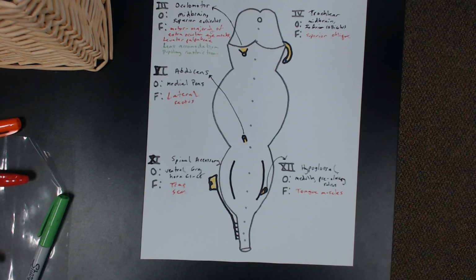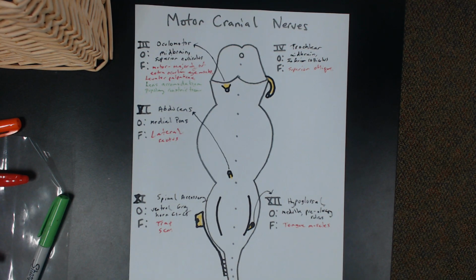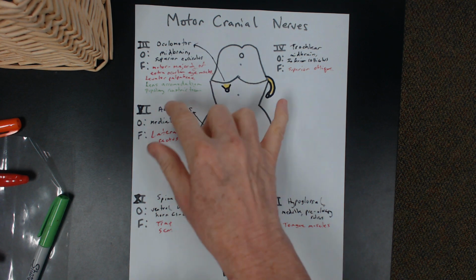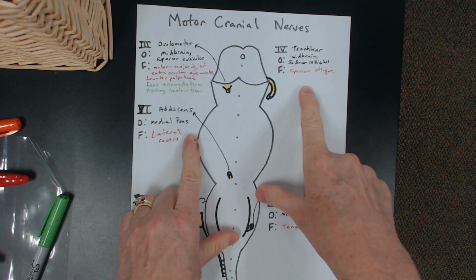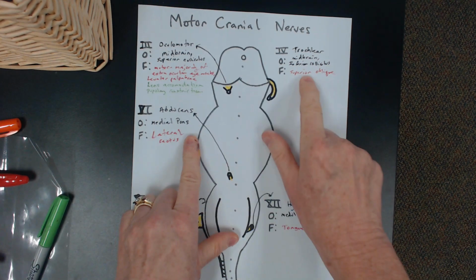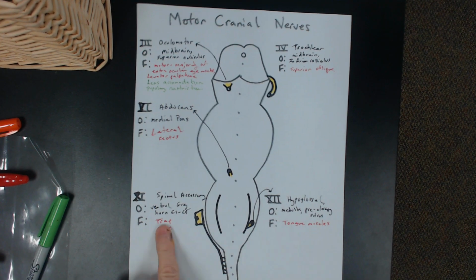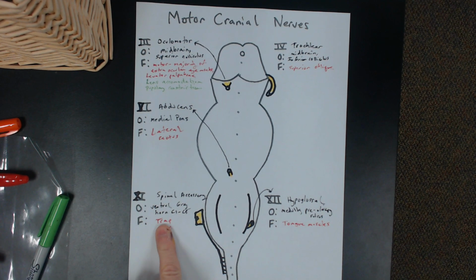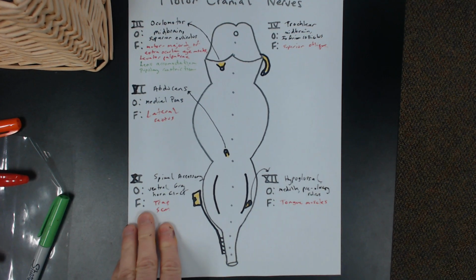Those are the purely motor cranial nerves. Okay, oculomotor, cranial nerve 3, trochlear 4. Interesting, 3, 4, and 6 are the only cranial nerves that innervate extraocular eye muscles. Cranial nerve 3 does most of them. 4, superior oblique, 6, lateral rectus. Spinal accessory, cranial nerve number 11, purely motor, SCM and trap, and hypoglossal tongue muscles.